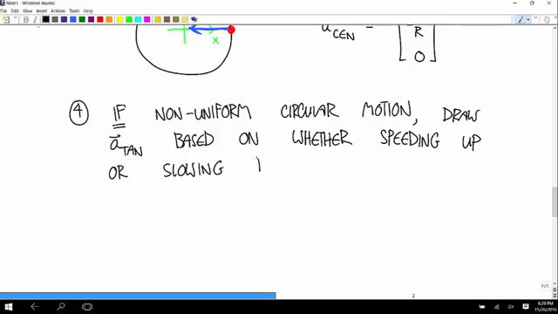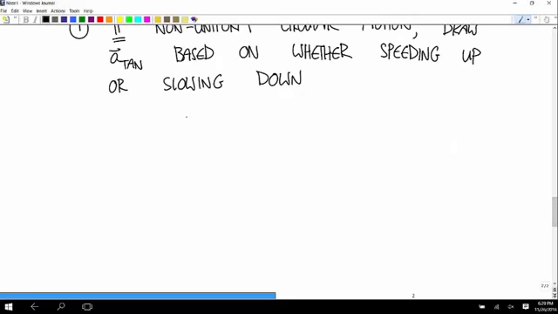Okay, so in the toy train example, that's the location we care about. Here's the centripetal acceleration. It has a magnitude of v squared over r.